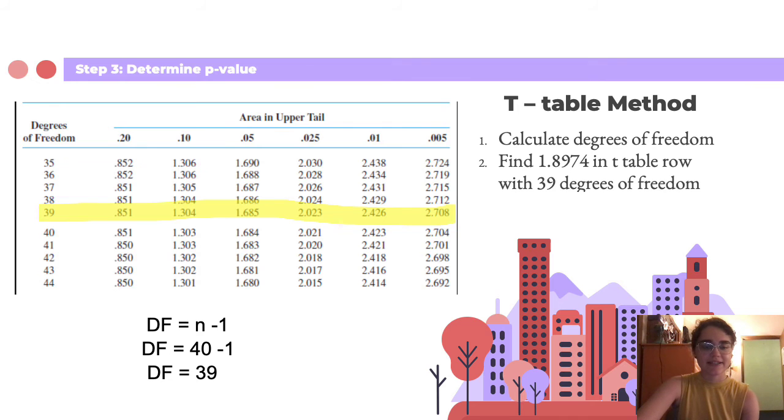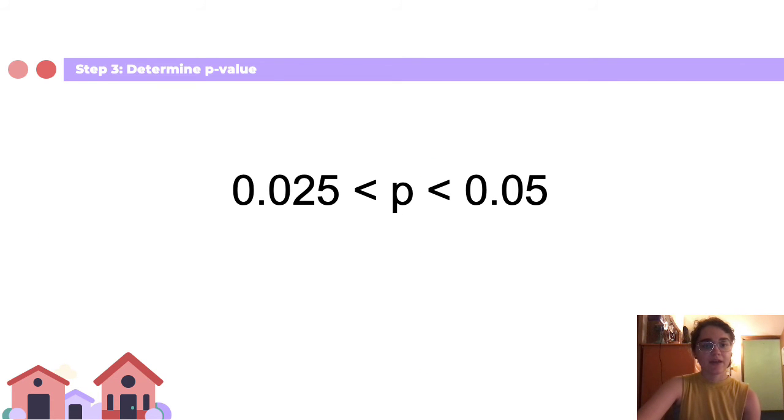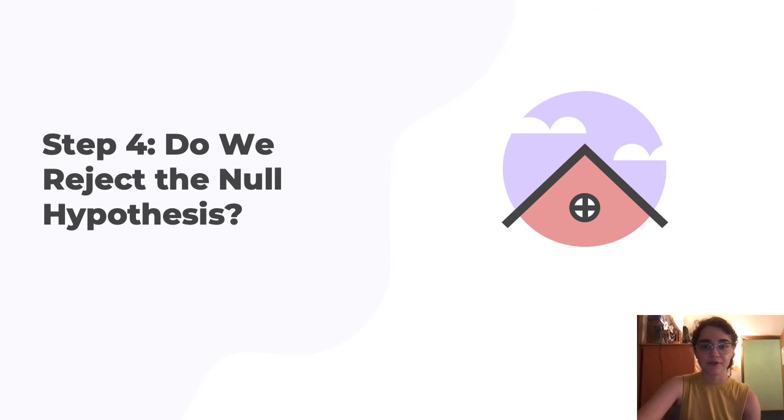Unfortunately, this value isn't explicitly stated in our table, which means that our p-value is somewhere in between 0.05 and 0.025. So p is greater than 0.025 but less than 0.05. This is important to remember for later.